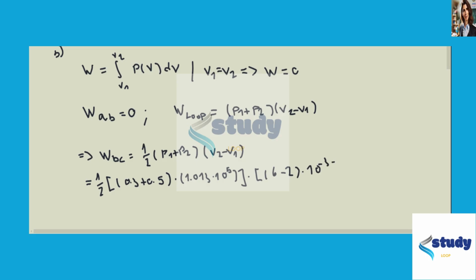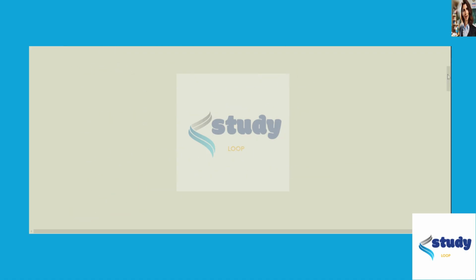This is in meters cubed, from liters to meters cubed. So the total dimensions will be in joules, and when you put these values into a calculator, we obtain that the work BC will be equal to 162 joules. This is the final answer for part B.